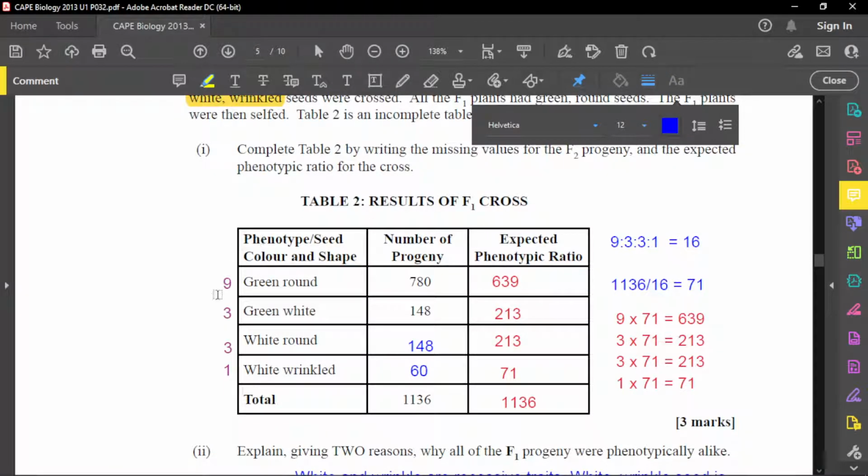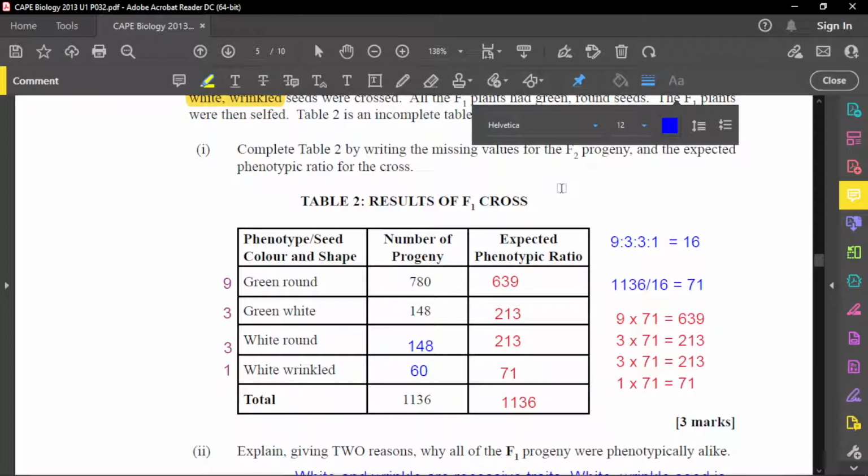Now, the ratio in a dihybrid cross: remember, all the F1 are heterozygous. And if you're going to cross two heterozygous together, as it says here, they are selfed, the ratio in a dihybrid is always 9 to 3 to 3 to 1. You cannot change that.